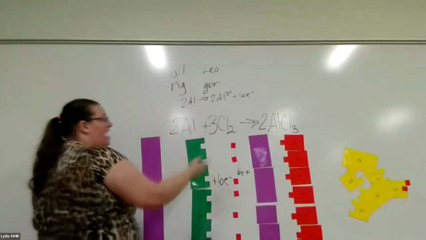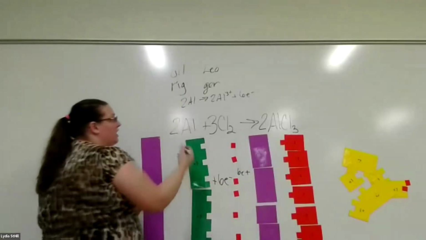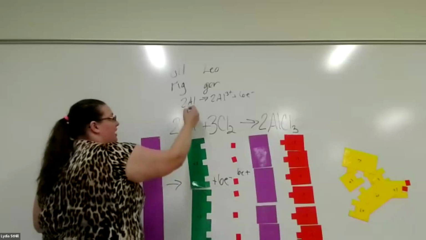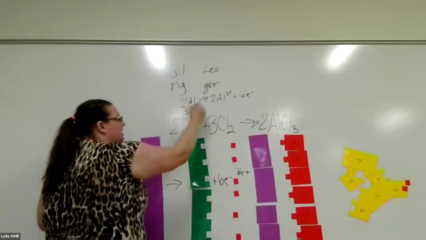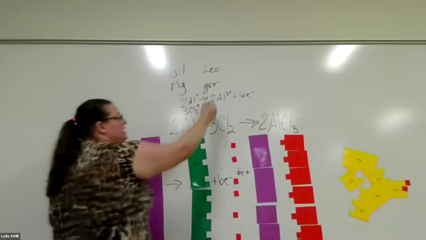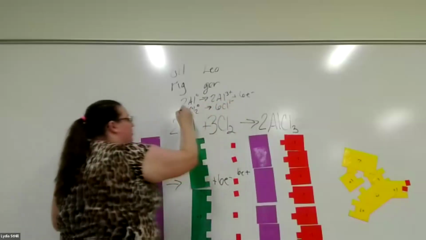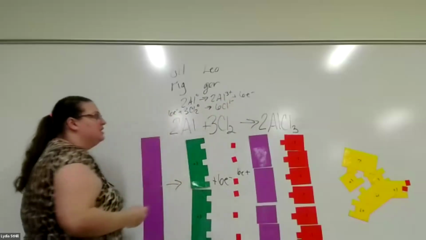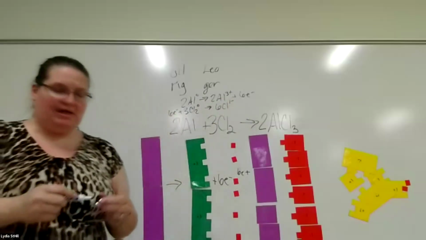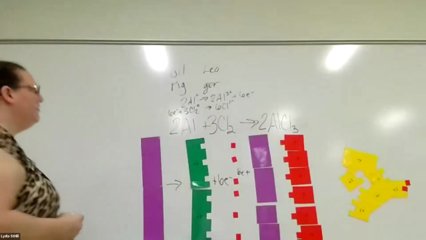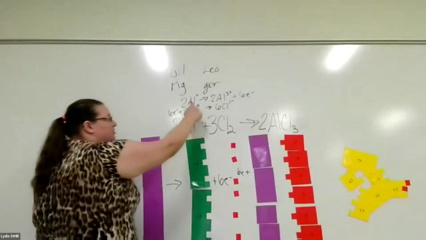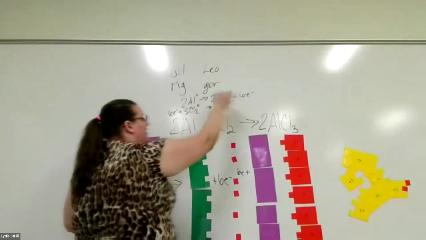So to write that half reaction, we're going to have 3 Cl2 with the charge of 0, and that's going to go to 6 Cl1 minus. But we're going to have to put those 6 electrons here in order to balance it out. So what do we have? 0 going to a +3, kicking the electrons out.